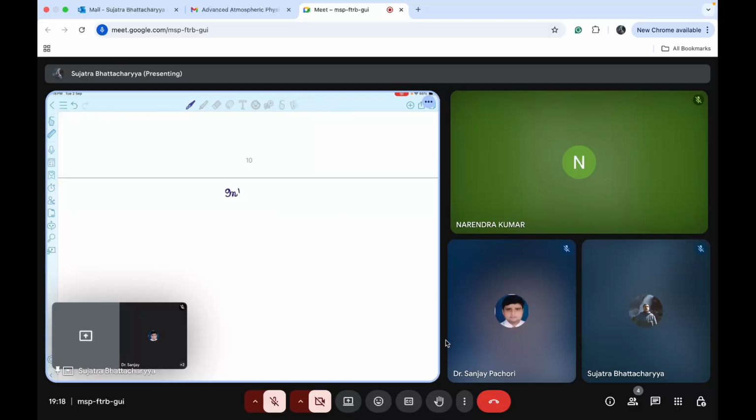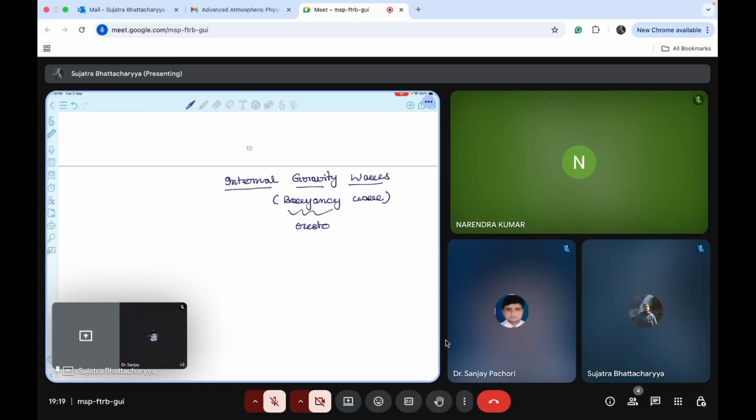Okay, so this is internal gravity waves. These are also called buoyancy waves, and this is because buoyancy is the restoring force.